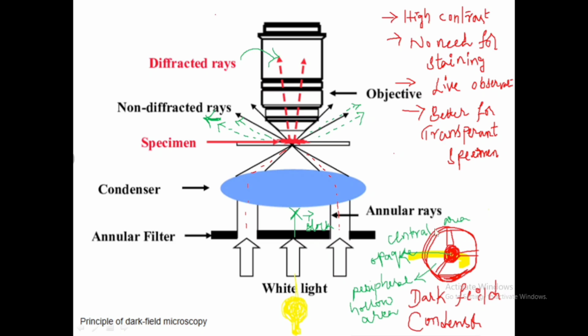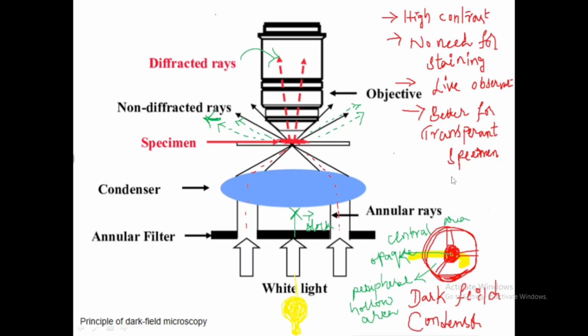But here the condenser is special, so there is no need to stain. Because we do not stain, we can observe live microorganisms. If you stain, the microorganisms may die, but without staining we can watch living organisms.